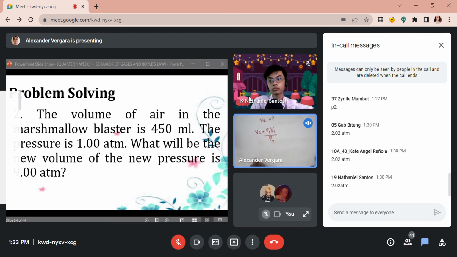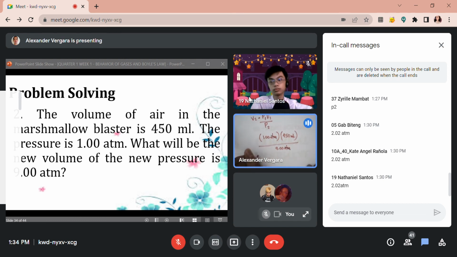Our P1 is 1.00 atmosphere multiplied by our V1, that will be 450 ml, all over 9.00 atmosphere. At this moment, we cancel this atmosphere and this atmosphere so we can proceed with our computation.